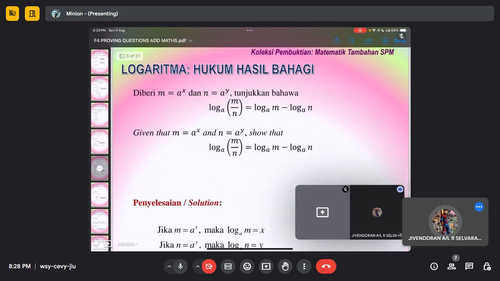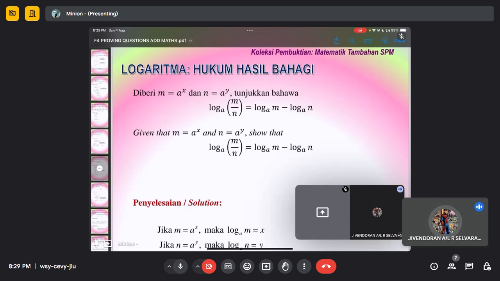Okay, so this is the second formula. Given that m equals a power x and n equals a power y, show that log a m over n equals log a m minus log a n. So this is similar to that, but this is for division.